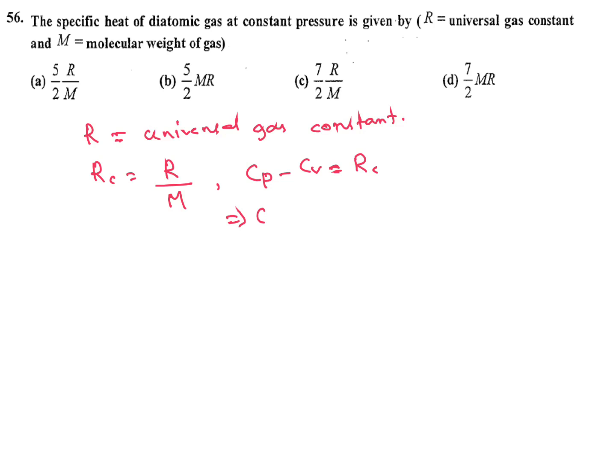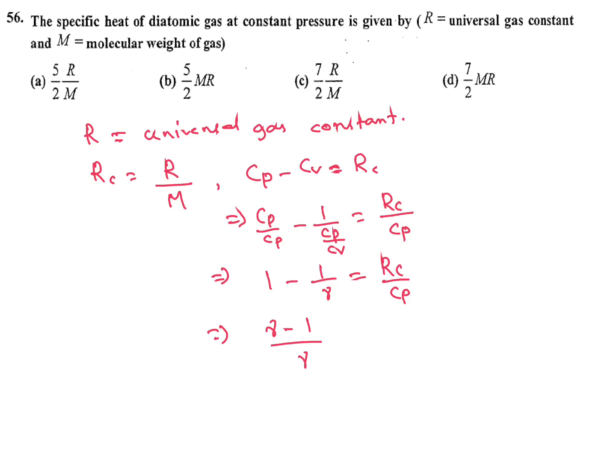Divide by Cp on both sides: Cp by Cp minus Cv by Cp, and Rc by Cp. So 1 minus 1 by gamma equals Rc by Cp. So (gamma minus 1) by gamma equals Rc by Cp.